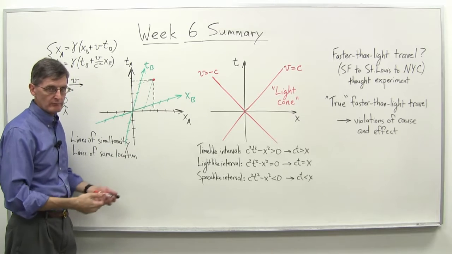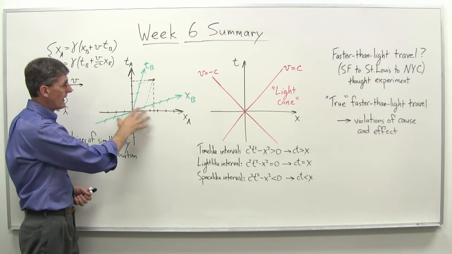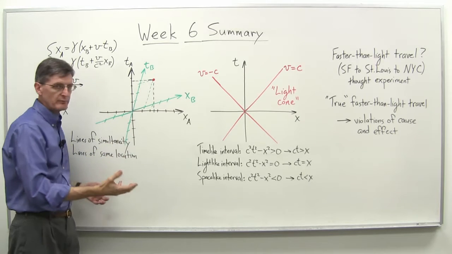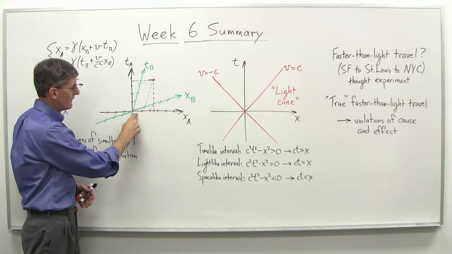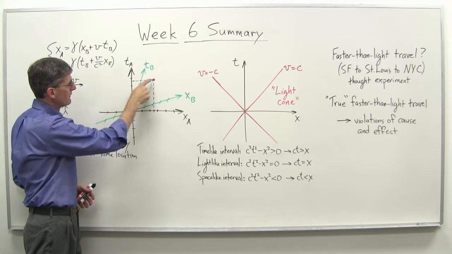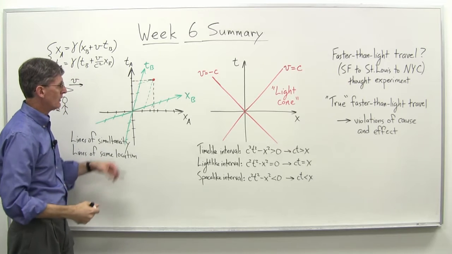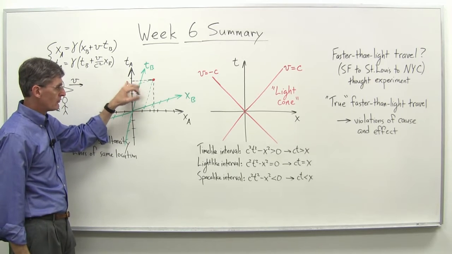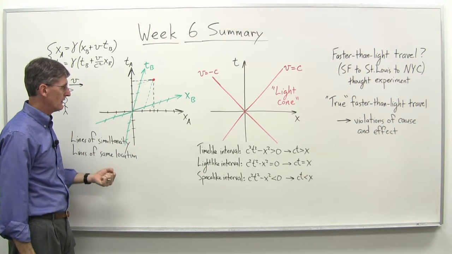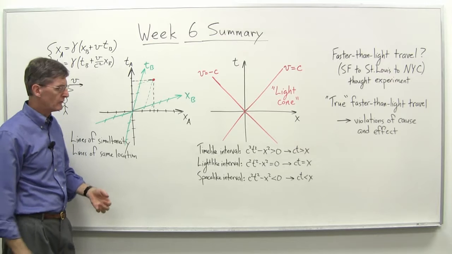For Alice, the same space-time event, roughly speaking, since it's not an exact diagram, is about 2.5 for x, and maybe 3.5, maybe a little bit more, for the t coordinate. So Alice and Bob observe the same space-time event with different coordinates.